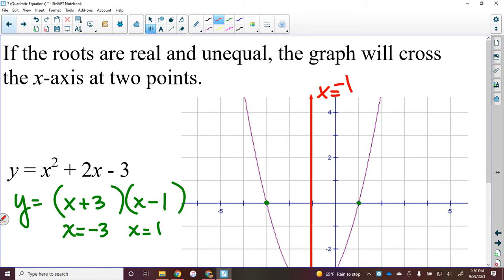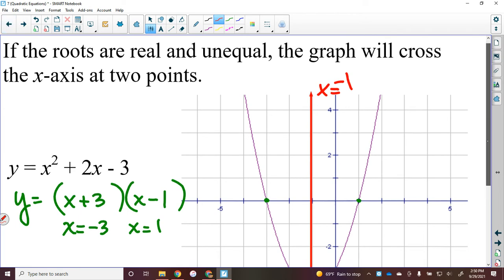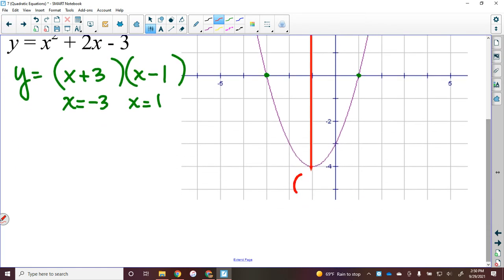It goes through, in this case, -1, okay? It always goes through the x coordinate of the vertex. What is the vertex here? This. Okay. Just wanted to remind you, I personally don't use the axis of symmetry all that often, but just in case, you never know, you might want it for something.